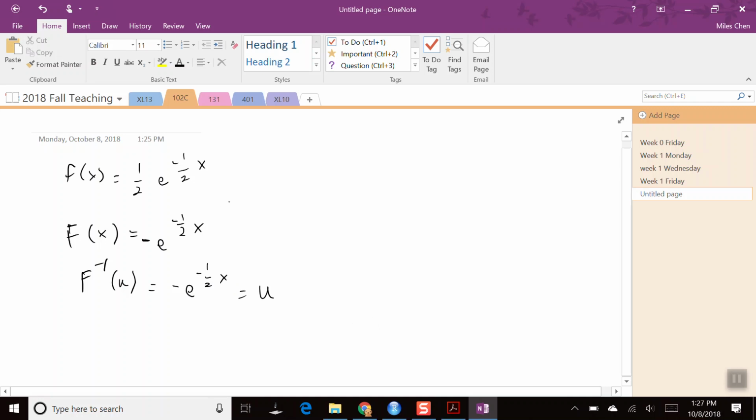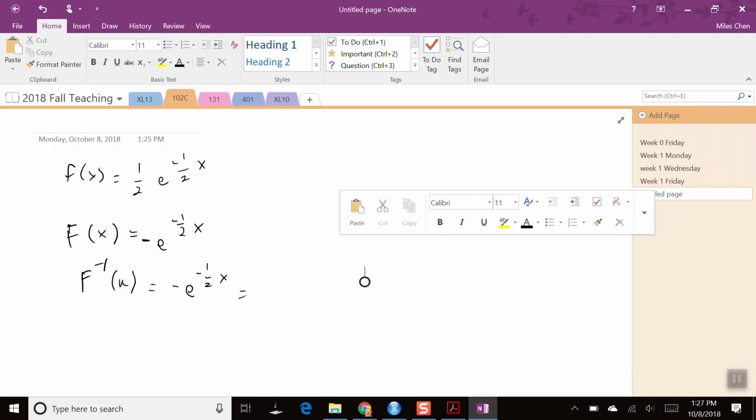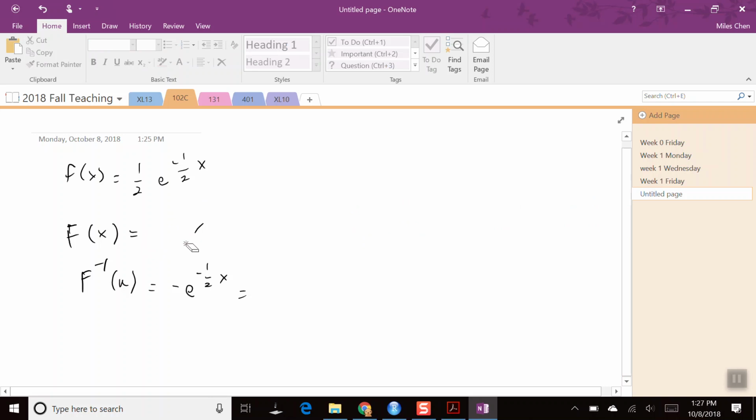Right, I'm sorry, this is not correct. Let me just back up here. The integral is from 0 to x of 1/2 e to the negative 1/2 t dt.